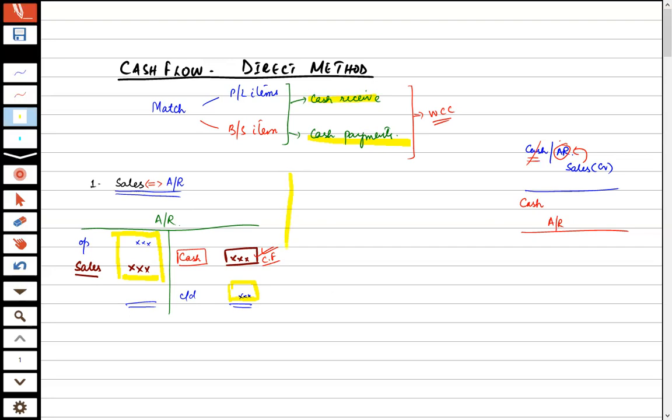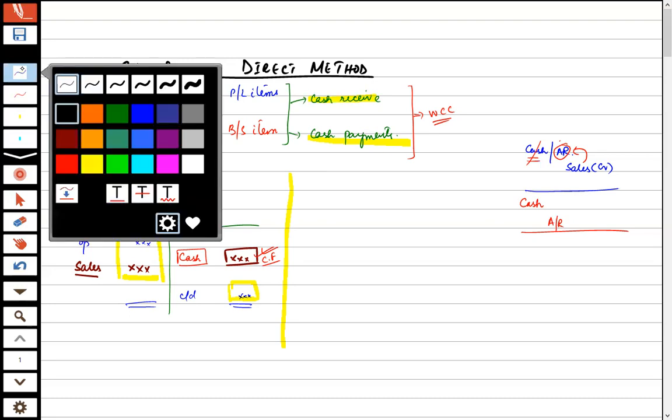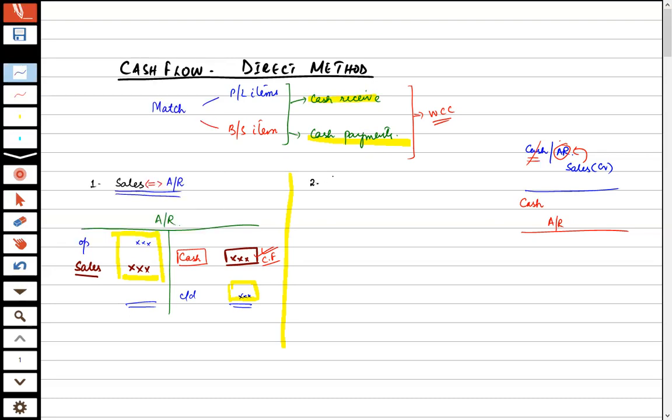Similarly, we have another balance sheet item, a liability item, that is accounts payable. Obviously, accounts payable pertains to the purchases.